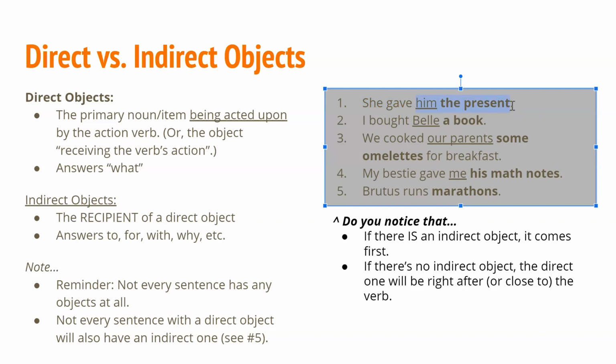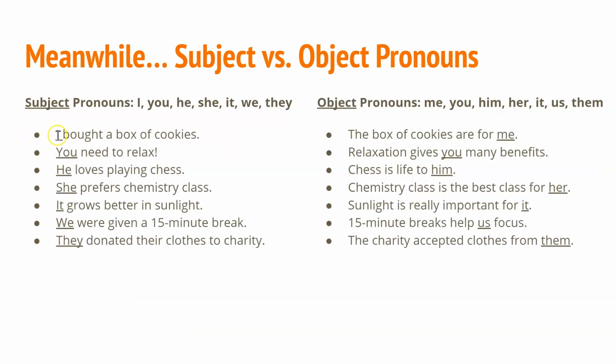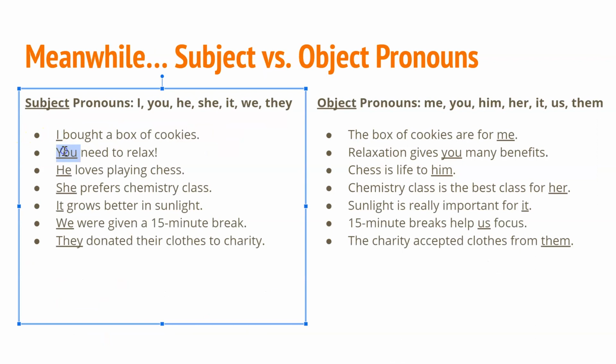That is active voice, and that's how most English sentences work. And that's how most genres of writing prefer sentences to look. So if that's true, then subject pronouns are the ones that happen at the beginning. I, you, he, she, it, we, they would be our subject pronouns. Okay? We'll come back to that in a moment and why that's important.